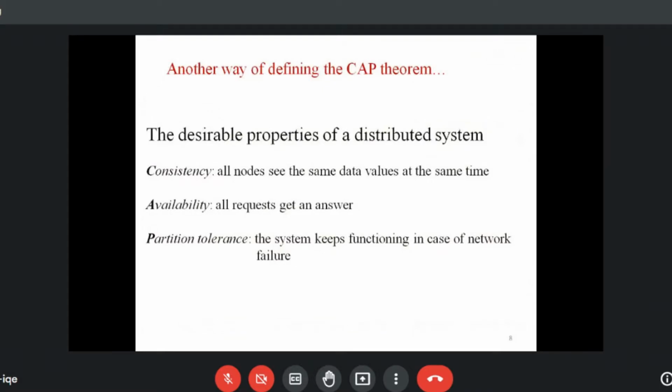So one can say in short, or another way of understanding the CAP theorem, the desirable properties of a distributed system: consistency, availability, and partition tolerance. All nodes see the same data values at the same time. All requests get an answer. The system keeps functioning in case of network failure.